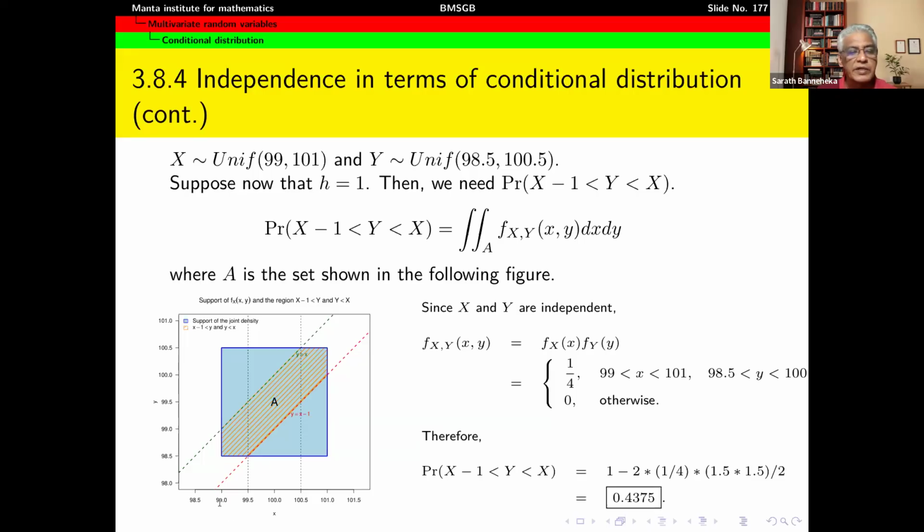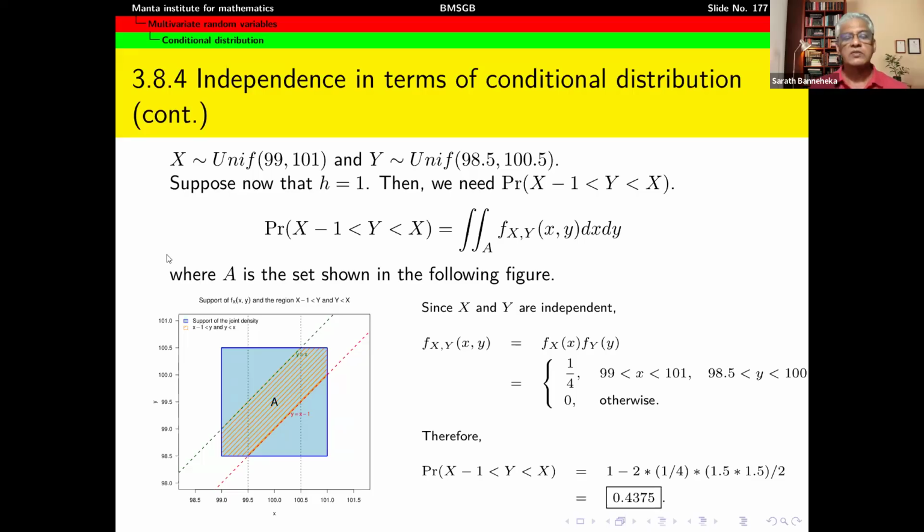X is between 99 and 101, y is between 98.5 and 100.5. So when (x, y) is at any point in this blue rectangle, the joint density will be a constant 1 over 4.